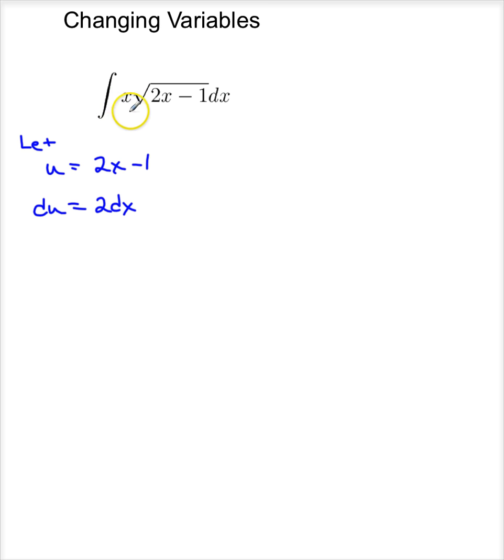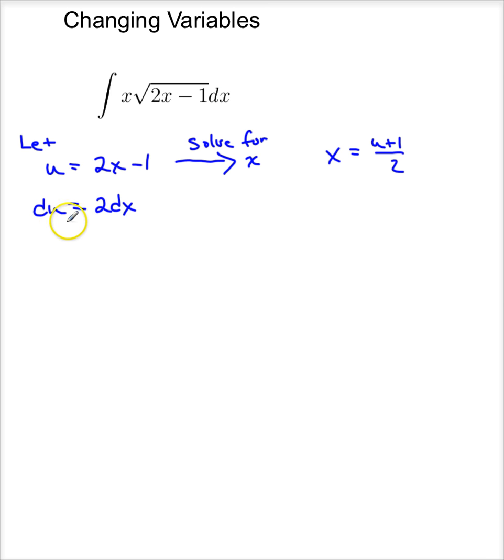When you have a situation like this, and this is a really common trick, what you need to do is come back here and solve this for x. If I solve this for x, then I see that x is equal to u plus 1 over 2.